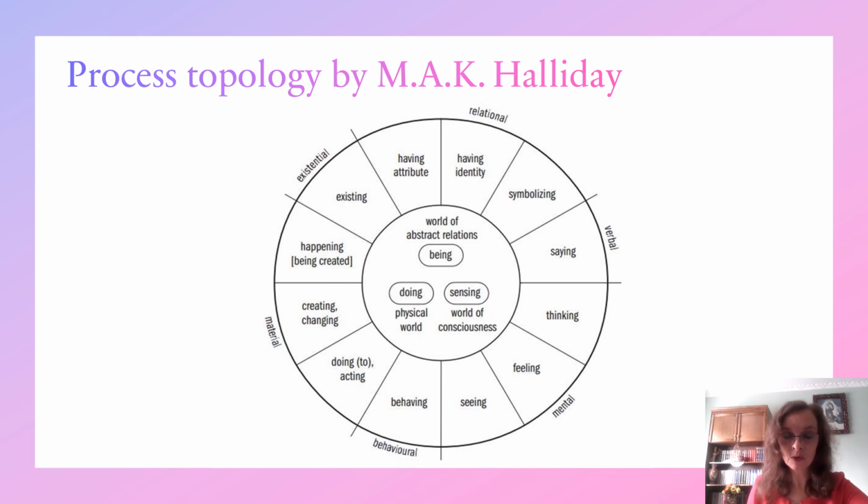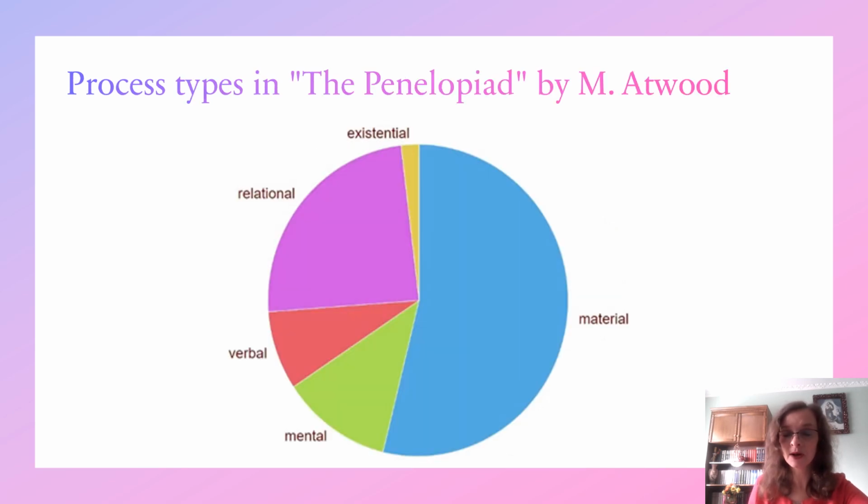The typology of processes used in this research was elaborated by Michael Halliday. It's a famous typology, so he distinguishes six types of clauses or processes: material, existential, relational, verbal, mental, and behavioral, which are expressed by different verbs. In our novel, the distribution of different types of processes is as follows.